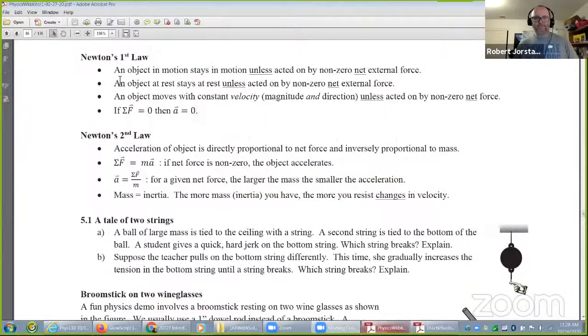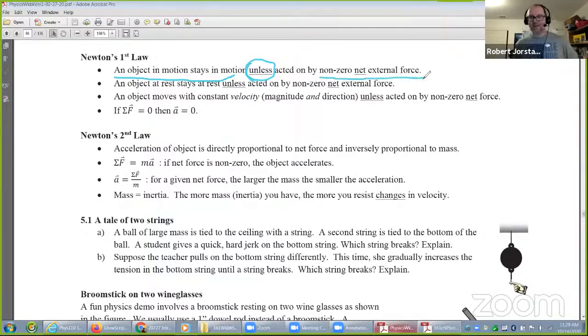A lot of people, when they hear of Newton's first law, say, an object in motion stays in motion, an object at rest stays at rest. That's a good start, but it drives me crazy when people say that. It makes me just want to slap them with a fish. So let's get it right. An object in motion stays in motion unless it's acted upon by a non-zero net external force. This is the part nobody ever says over here, but it's a hugely important part of that sentence to me, a physics teacher.